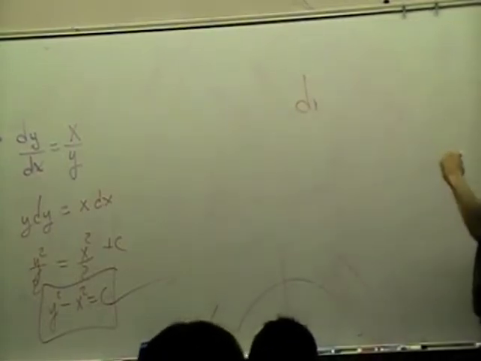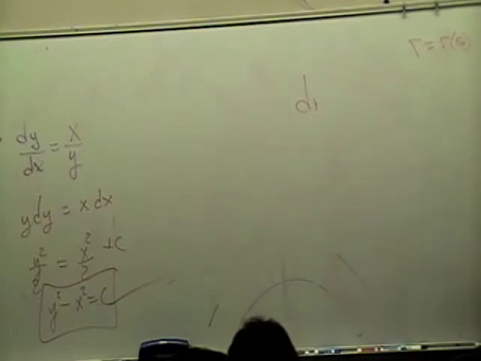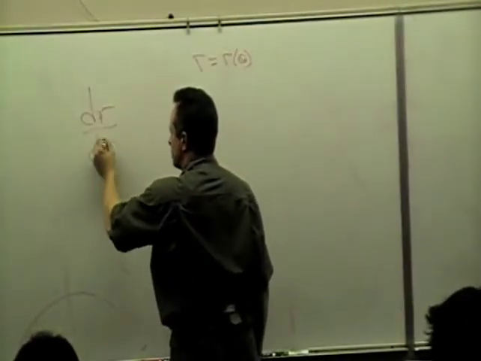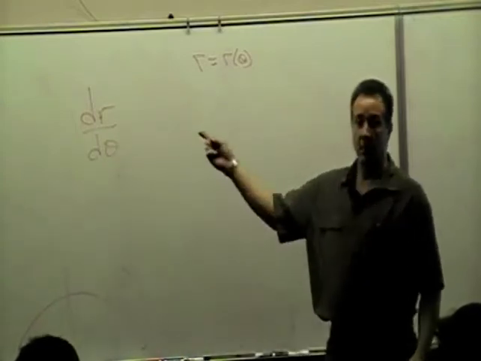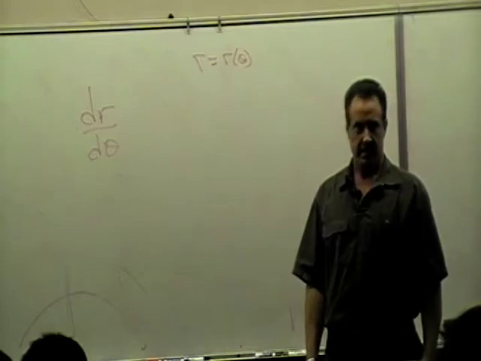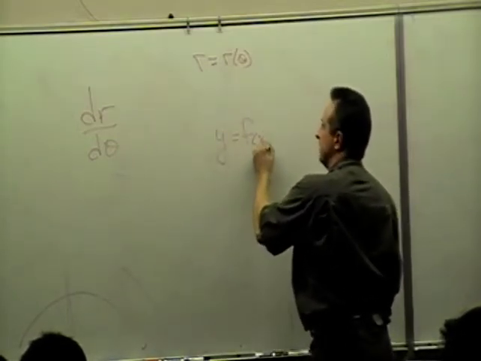Now, before you run away, polar coordinates. You remember polar coordinates? Do you remember functions in polar coordinates? r is some function of theta. Right? I want to find the slope of the tangent line to this curve. Will that do it? y equals f of x.